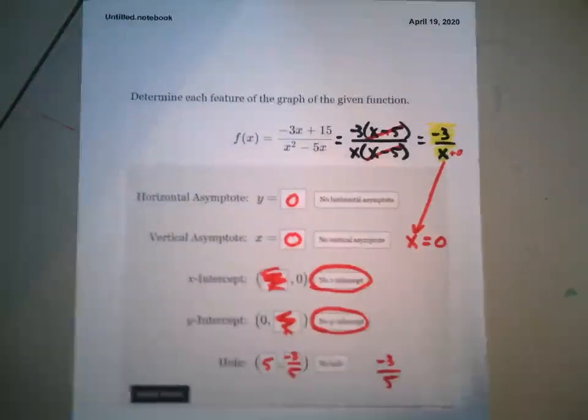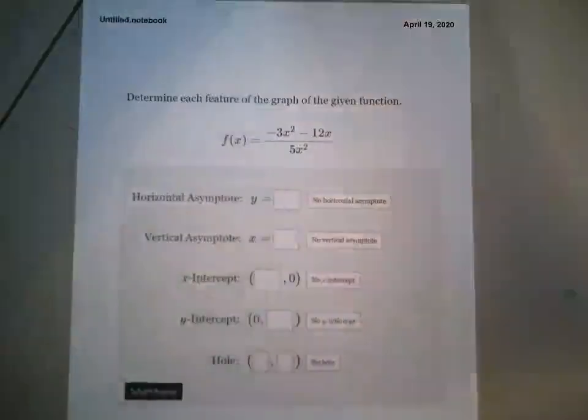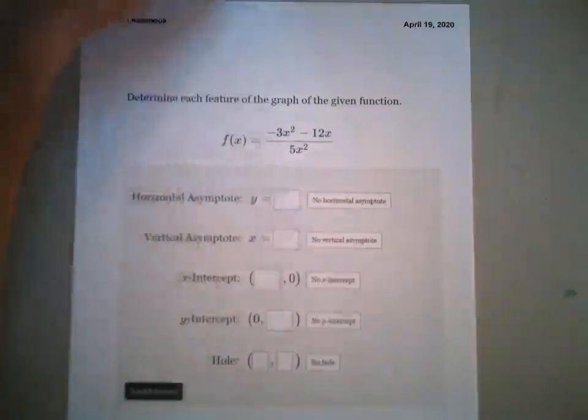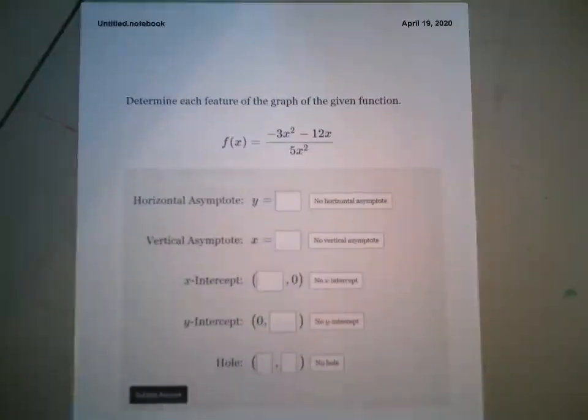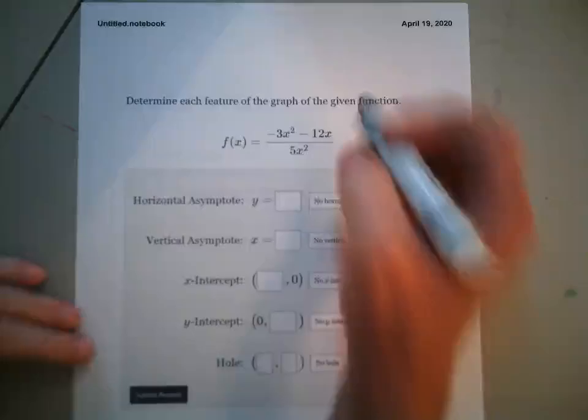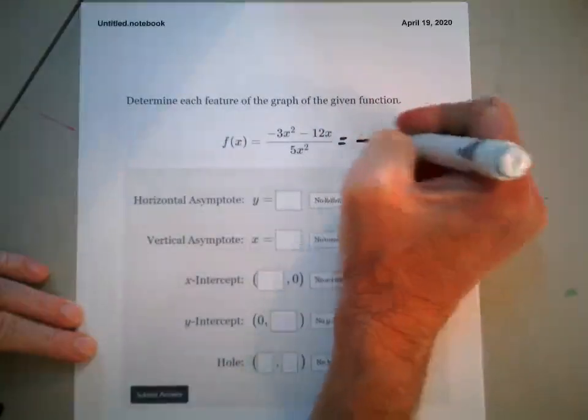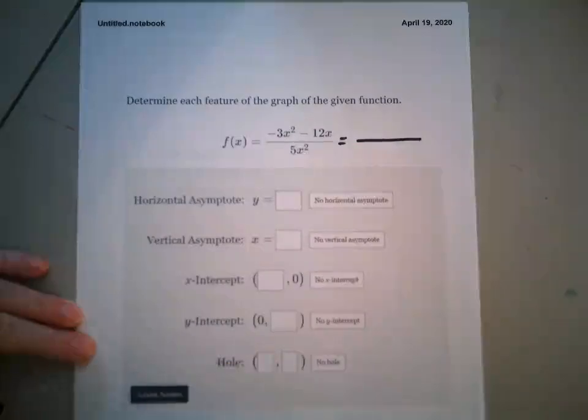So we'll take a look at our final example here. Don't ever get too afraid. They're all very, very basic problems. We will factor. First thing we want to do is factor, see if there's any holes.